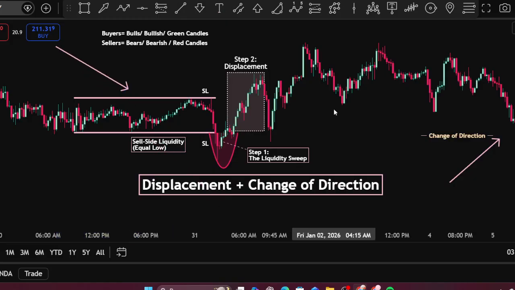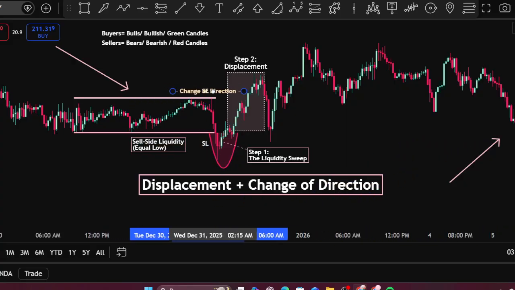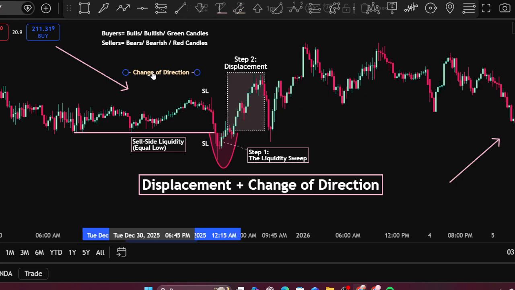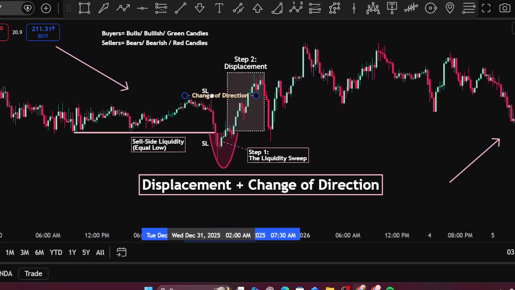But step number 3, which is a change of direction, here's that extra confirmation. So you see this little pink line? I'm going to now remove it, but it's still there. I'm just changing it to this because the momentum has now shifted.